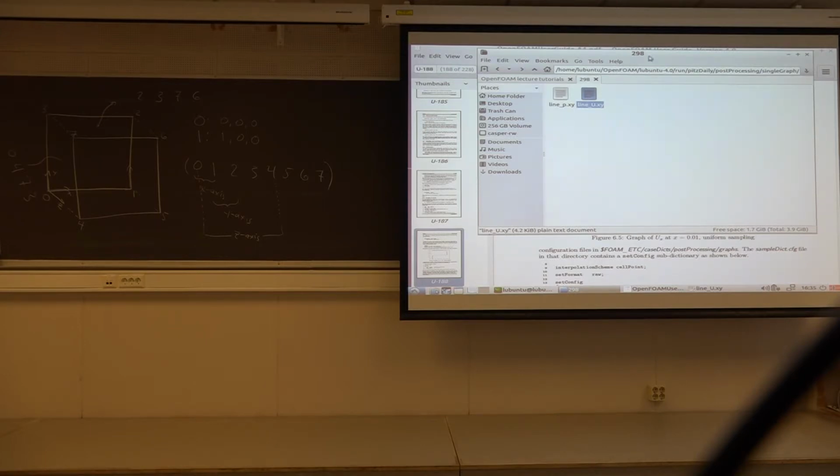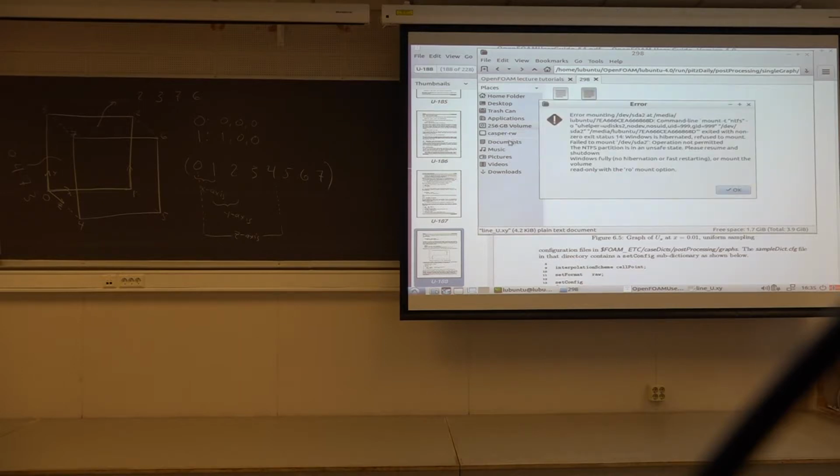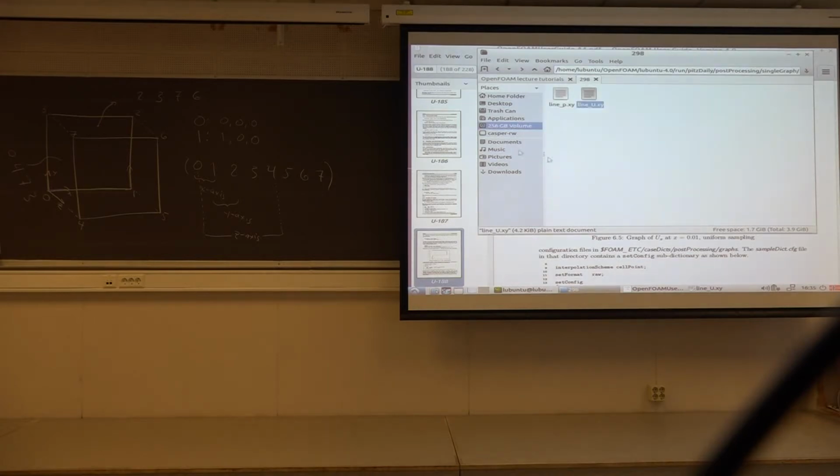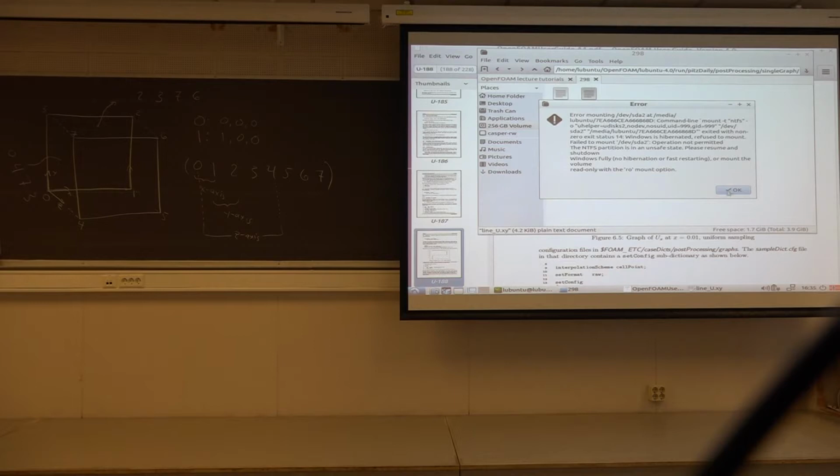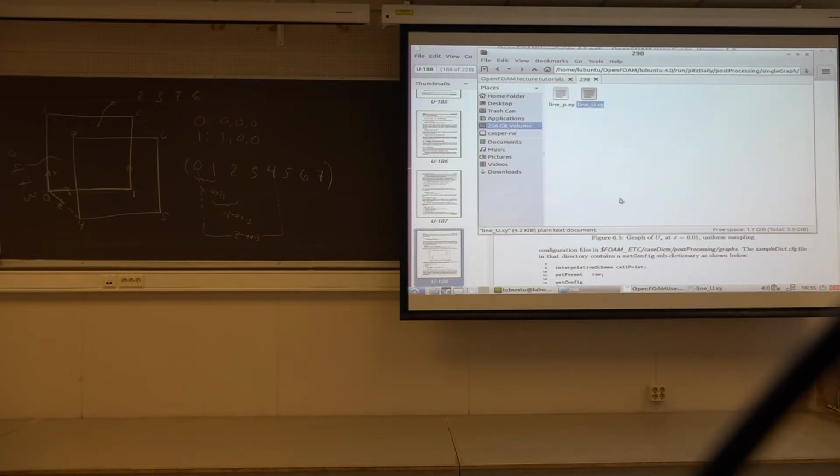If you want to copy it into your hard drive, then you have to, well, not that one. Double click on it. Ah, it doesn't like it. Something wrong with my hard drive here. Doesn't look too good.